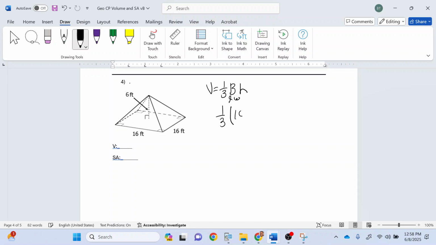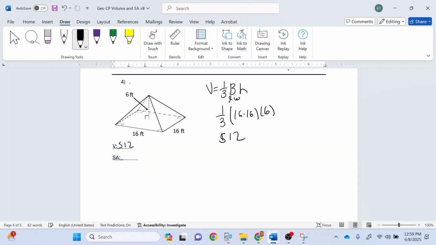So 16 times 16 times my height, which in this case is 6. So 1/3 times 16 times 16 times 6 is going to be 512.